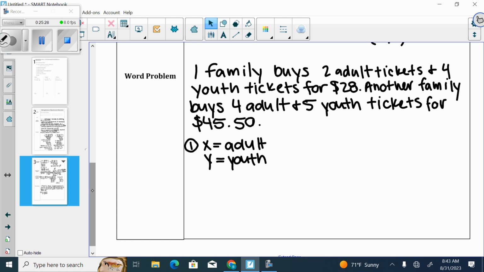Okay, so now that we know what our variables are going to represent, we're going to go ahead and write our system of equations. Can anybody tell me what that first equation should be based on the information given?